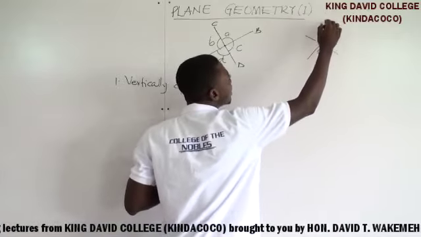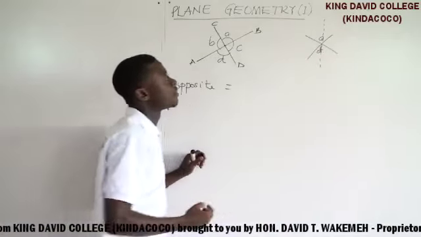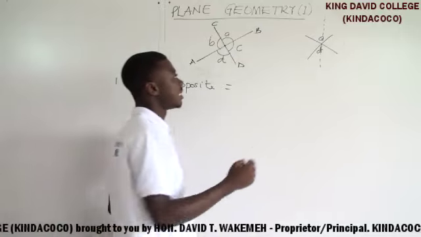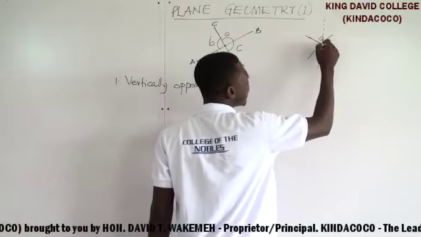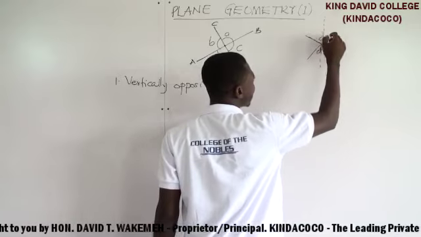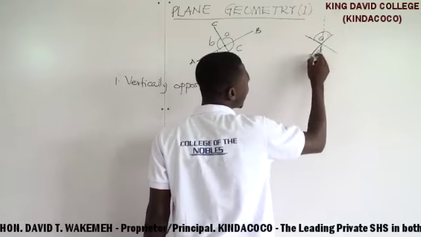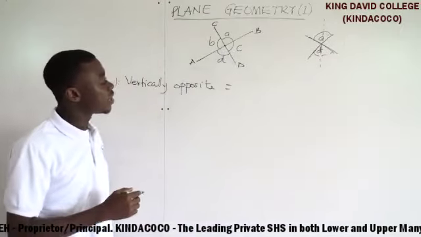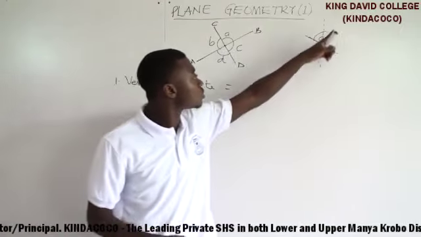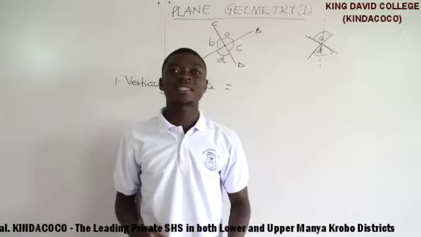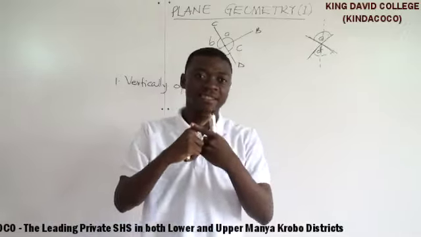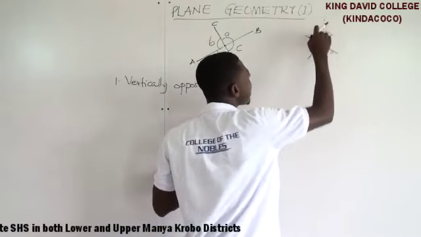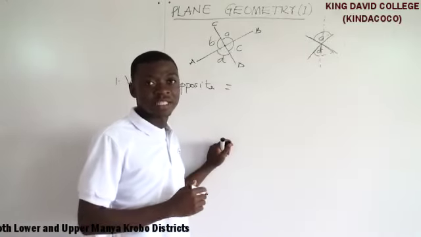Now when I draw this line, you see it's a vertical line. Now, this is at the other side of this vertical line, and then this one is at the other side. Hence, we say that when we have any two angles created by the same lines that are intersecting, then the angle created just opposite this one is what?